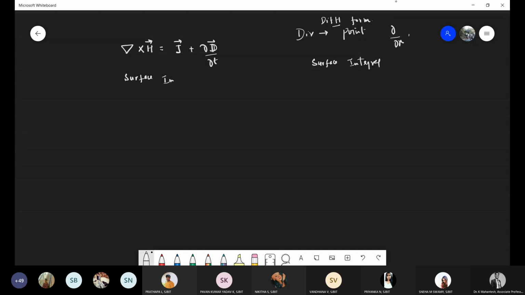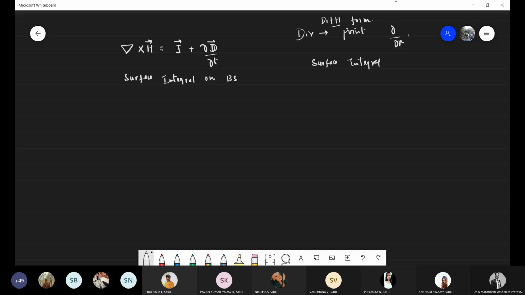I'm done with point form. Now I am trying to derive the surface integral form of modified Ampere circuital law, so take surface integral on both the sides.